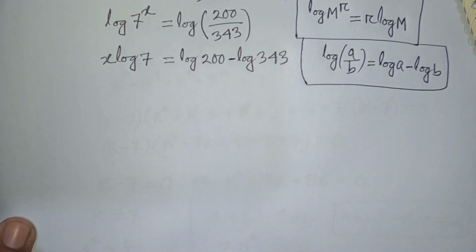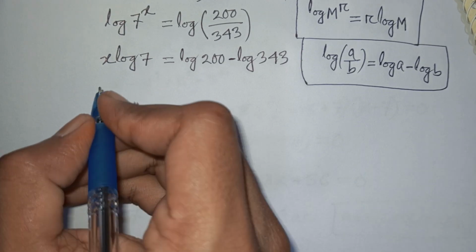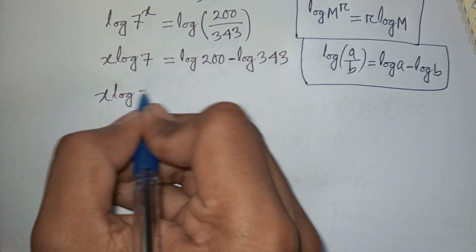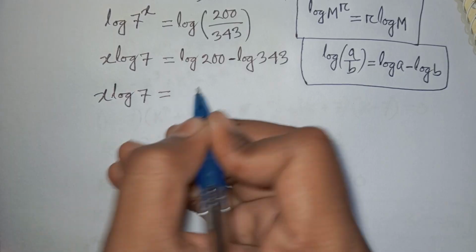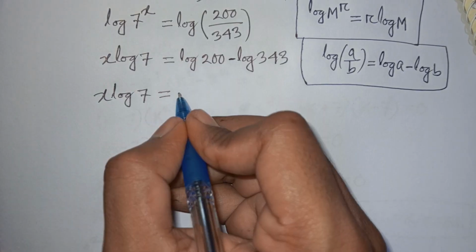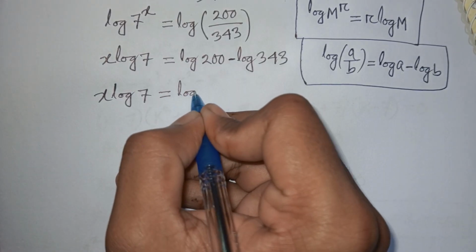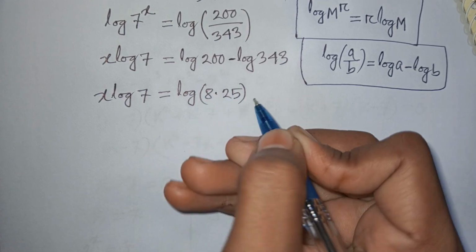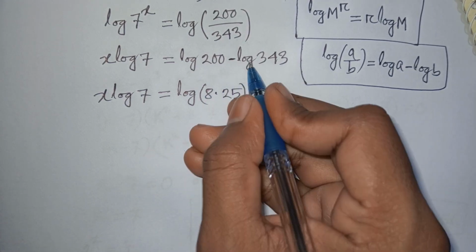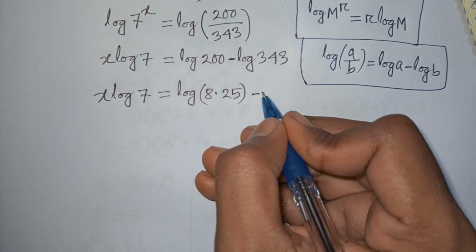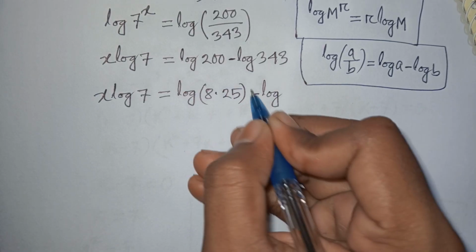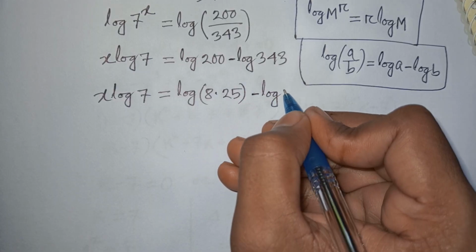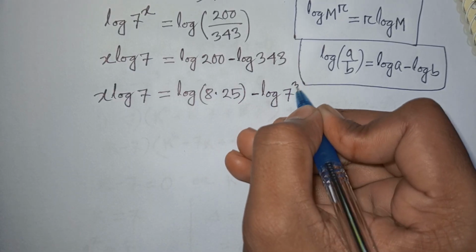In the next step, we have x log 7 is equal to log of 200, which is same as log of 8 times 25, minus log of 343, which is same as log of 7 power 3.